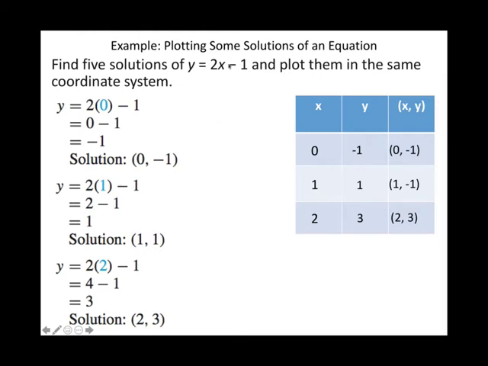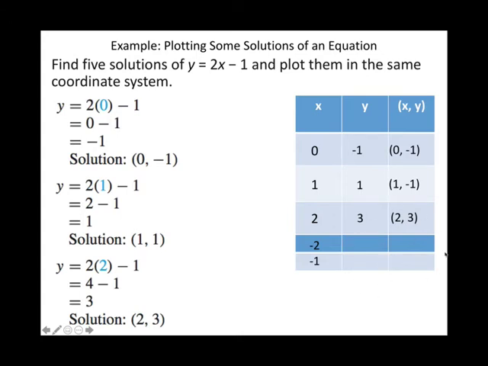But for this example, they want you guys find out 5 solutions. We only have 3 of them. So let me add 2 more. And then you could make up any numbers for the x again. But for here, I'm gonna make up -2 and -1 for the x. And again, plug into this equation. Figure out what is your y here.